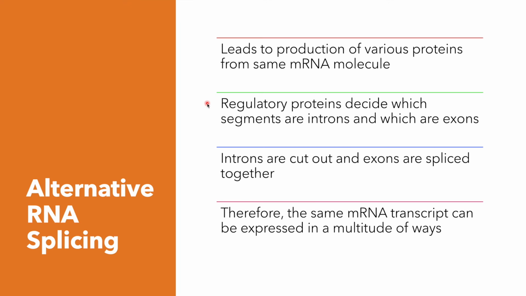Recall that introns are non-coding and exons code for proteins or RNA. During splicing, introns are cut out and exons are spliced together. This mRNA molecule now moves to the ribosome for translation. Therefore, the same mRNA transcript can be expressed in a multitude of ways due to alternative RNA splicing.